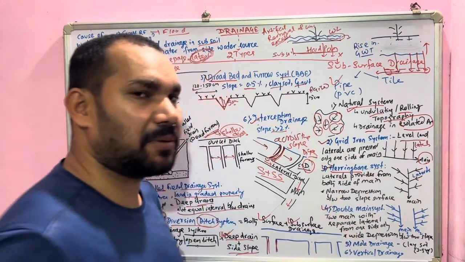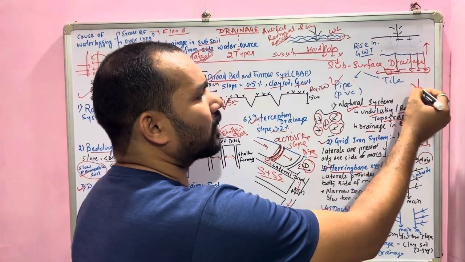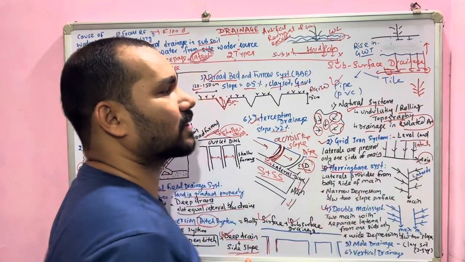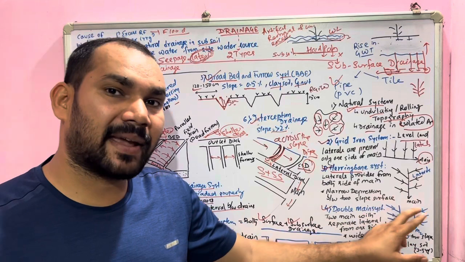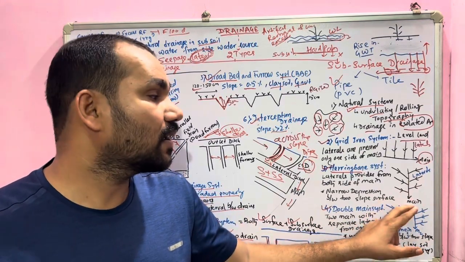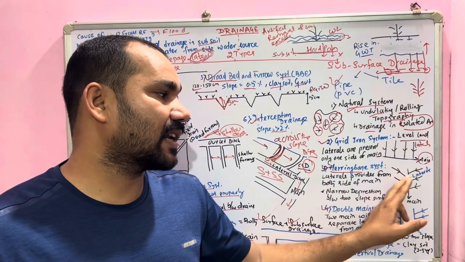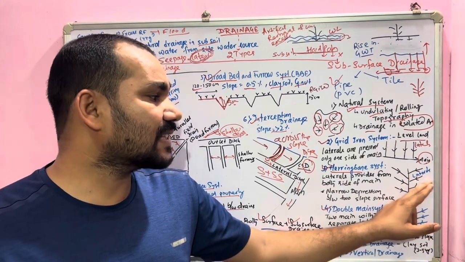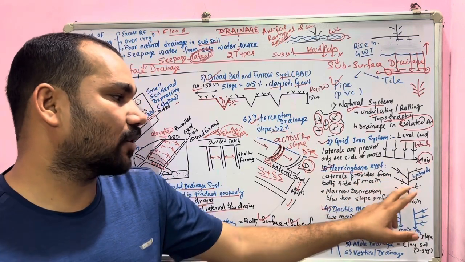Okay, coming to the herringbone system. Herringbone is a type of fish. You have seen the fish, and the bone is like this. So the herringbone system means there is only one main drainage channel, and on both sides of the main channel there are laterals. Laterals are provided from both sides of the main.